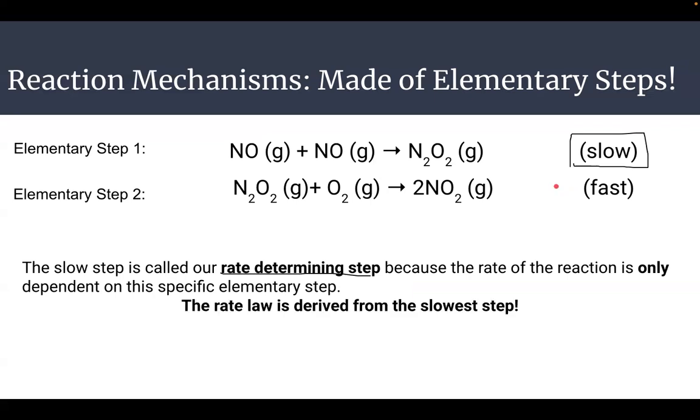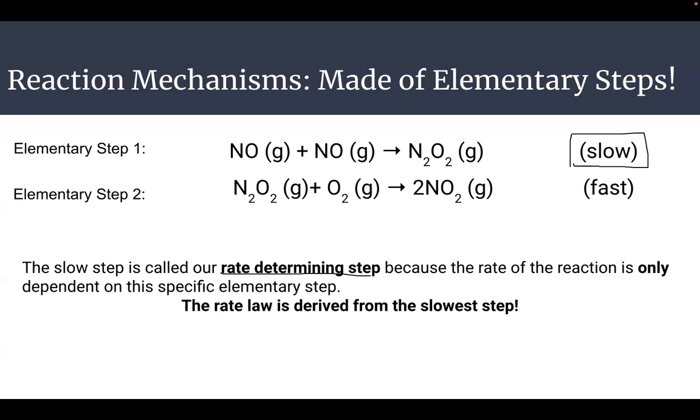So when you are given a reaction mechanism and asked to write the rate law for this reaction mechanism, the rate law is derived from the slowest step. Let's take a peek here before I give a really big disclaimer. If you are given a reaction mechanism like this and asked to write the rate law, our skeleton structure still applies.